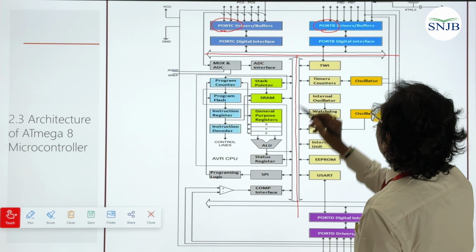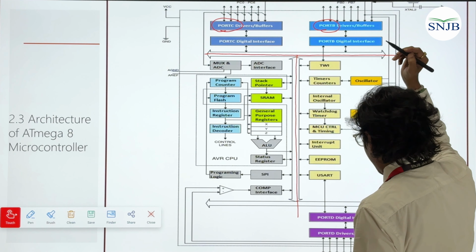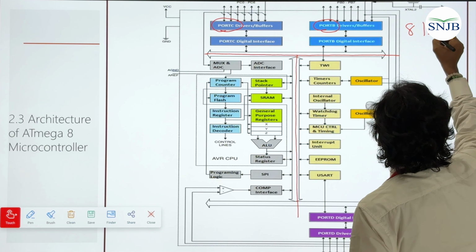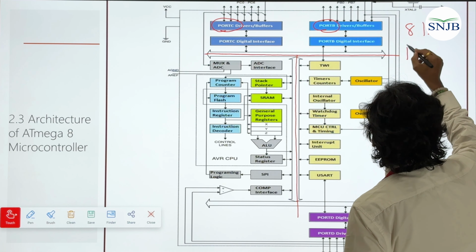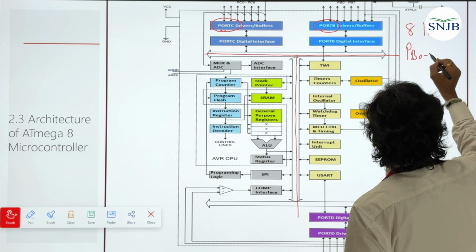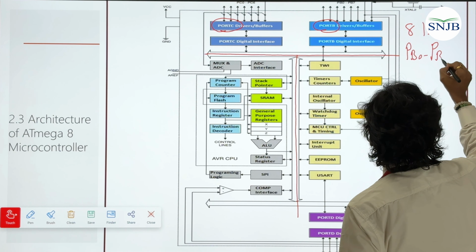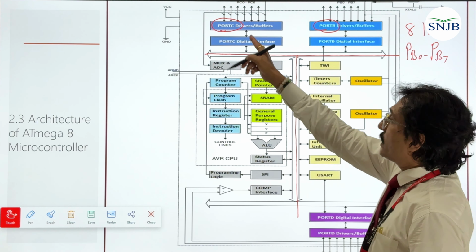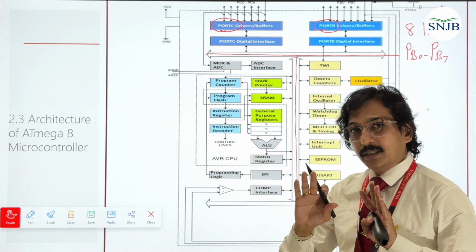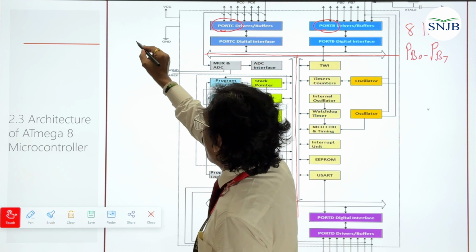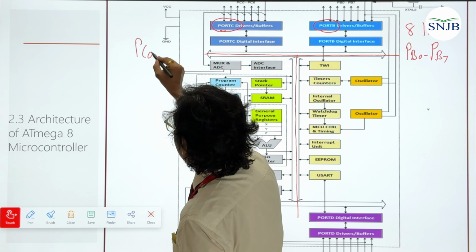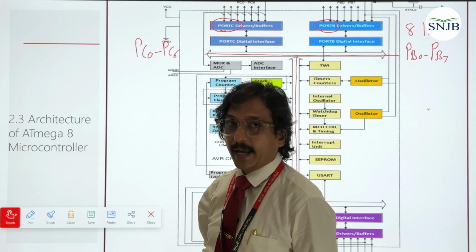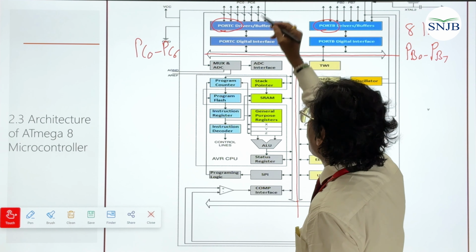Port B is of 8 lines, port B0 to port B7. Port C is of only 7, port C0 to port C6, so these are 7 pins only.